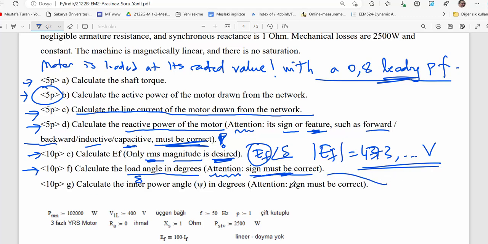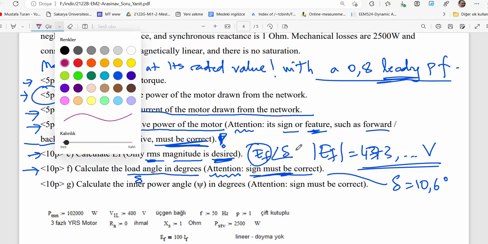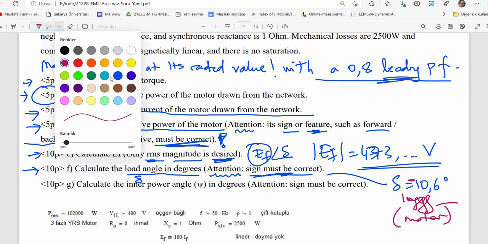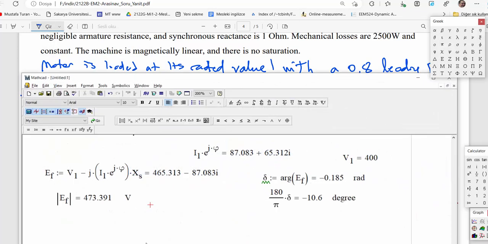In fact, we have already calculated a few minutes ago. Delta was 10.6 degrees and it was negative. It was negative, remember? It was negative, lagging, because it is operated as motor. Let's check it out again.